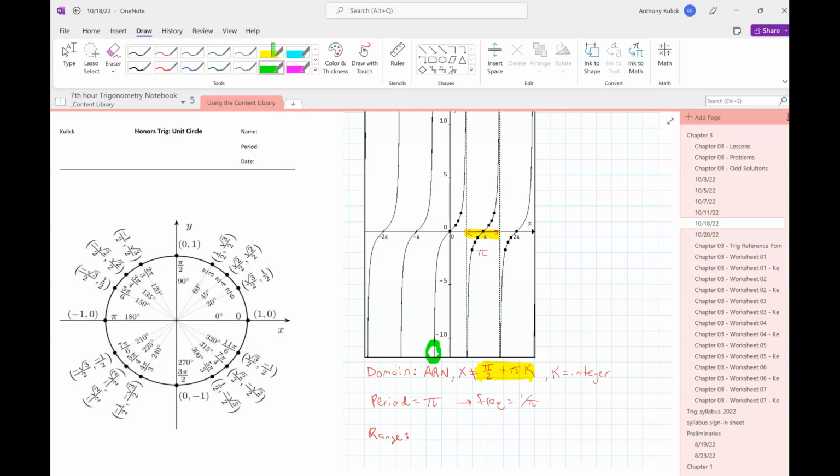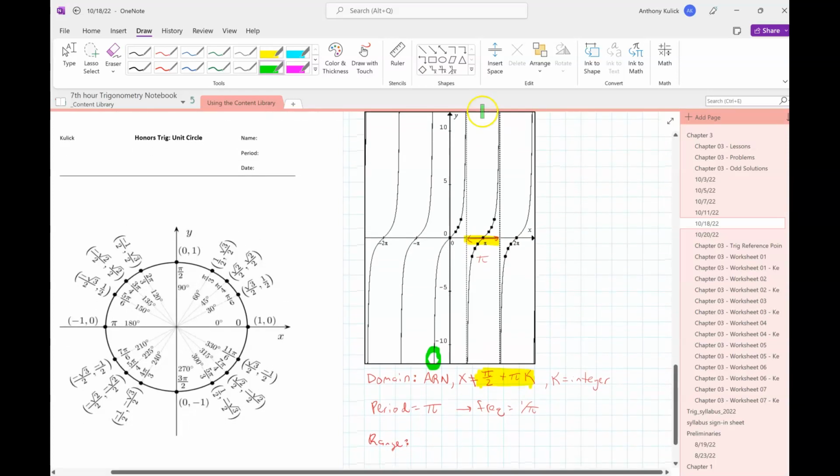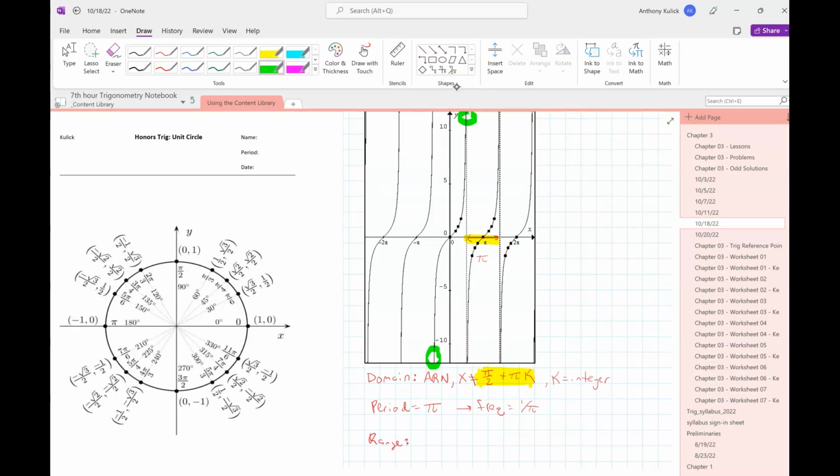Well, I have an arrow that points down forever and an arrow that's pointing up forever, right? That's telling me that there is no global minimum or global maximum. So the range is just going to be all real numbers. Oh, that's a relief at least. That's easy. Everybody's okay there?